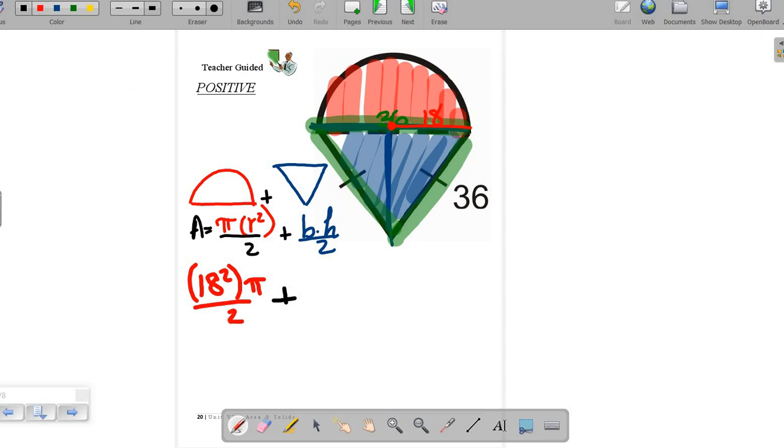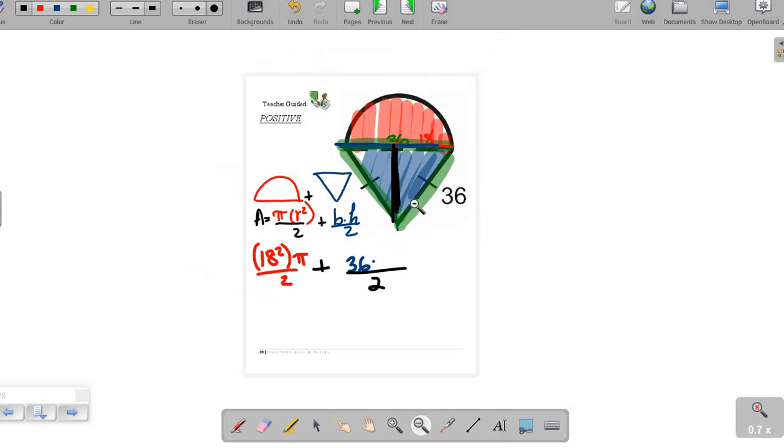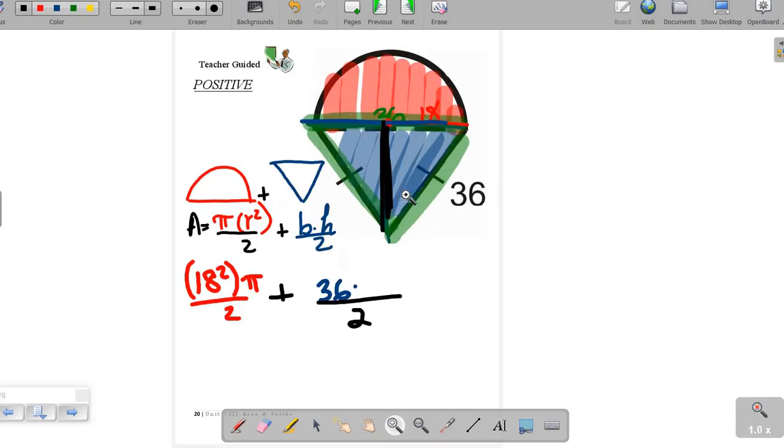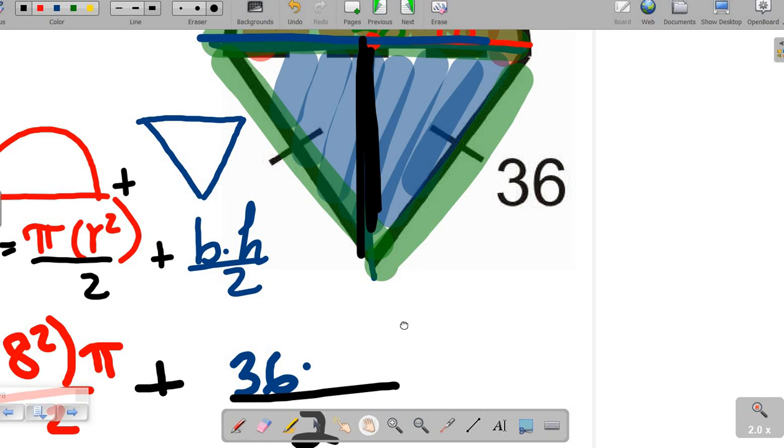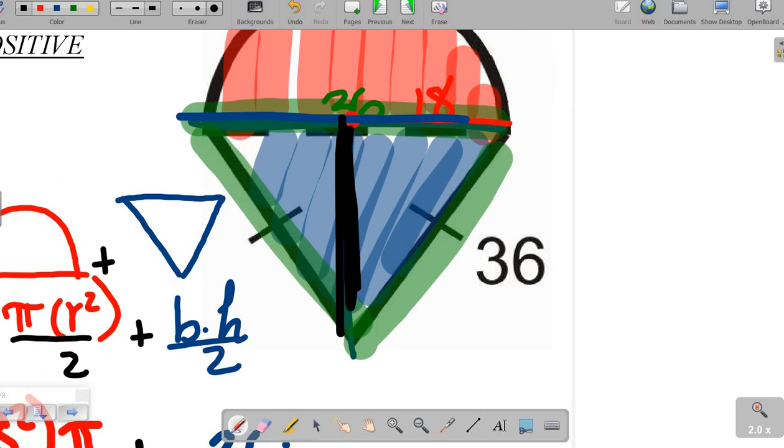Over here, our base of our triangle is 36. This height here, look very carefully. That height smacks this right in the middle.